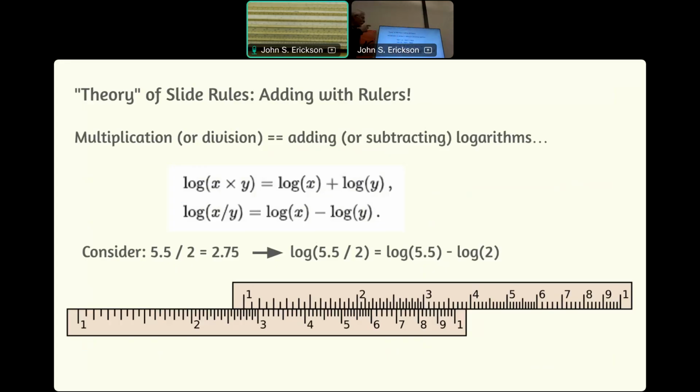The other thing that you just saw me do is, when you're using slide rules, you have to have an awareness of the powers of 10. So this could be 5.5, this could be 55, this could be 550. And it could be 2, it could be 20.